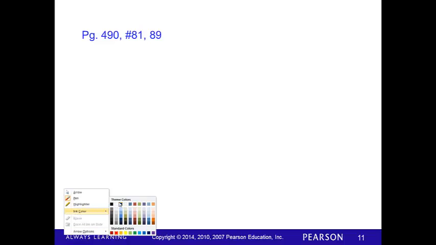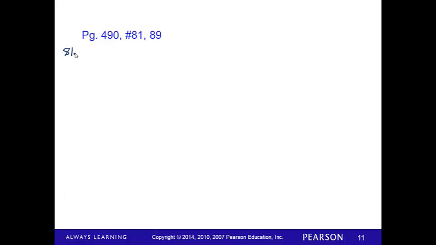All right, page 490, let's look at 81. So now we're still solving log equations, and we have 2 times the log of x equals the log of 25. Okay, so before we can use our property, we need to make sure that this 2 is no longer there.